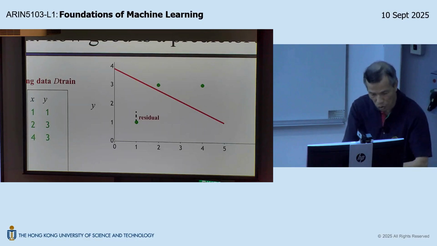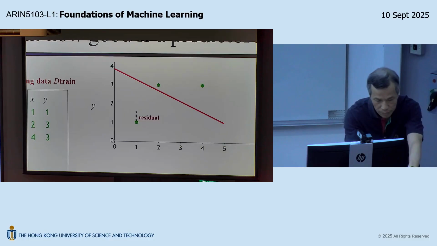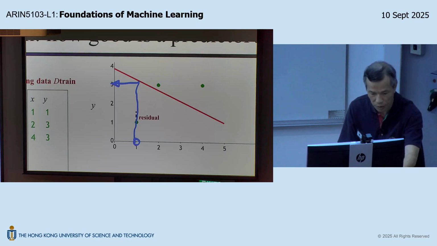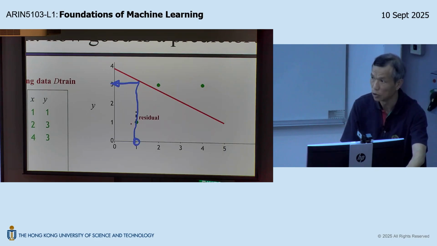Say when x is equal to 1, you look at the model, and the model gives you the corresponding y of 3 point something. However, as you can see from the training sample, when x is equal to 1, the y should be equal to 1. So your prediction is very far away from the output.